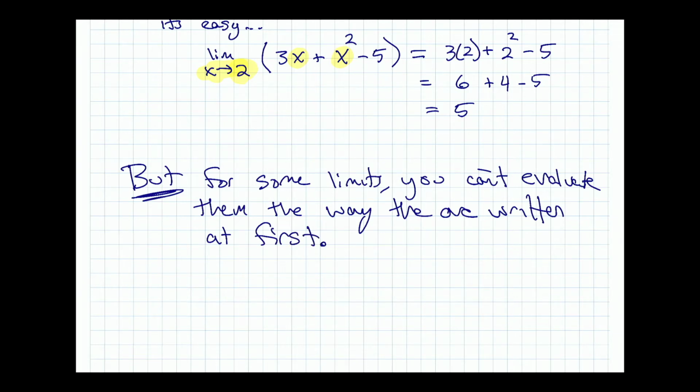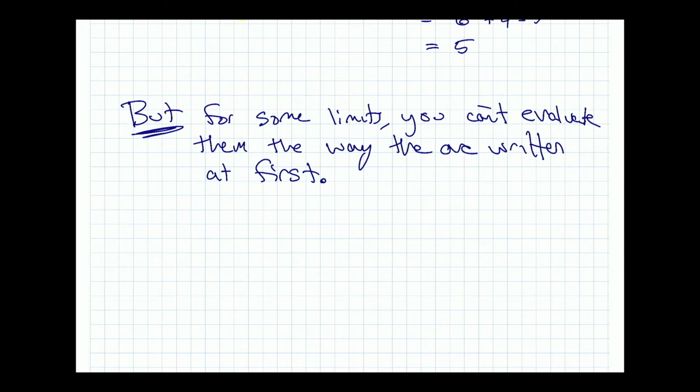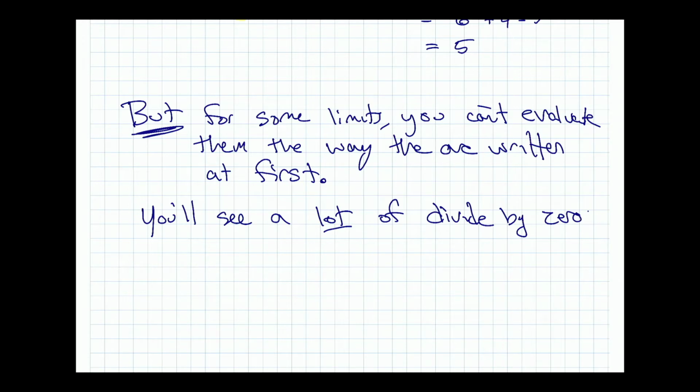Okay, now what can go wrong with them? Well, mostly you're going to see a lot of divide by zeros. And you know that dividing by zero is not a defined operation in math, right?